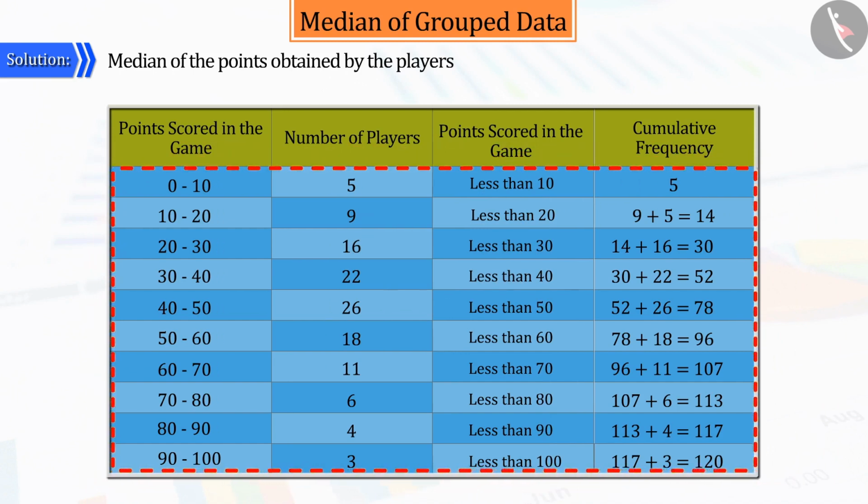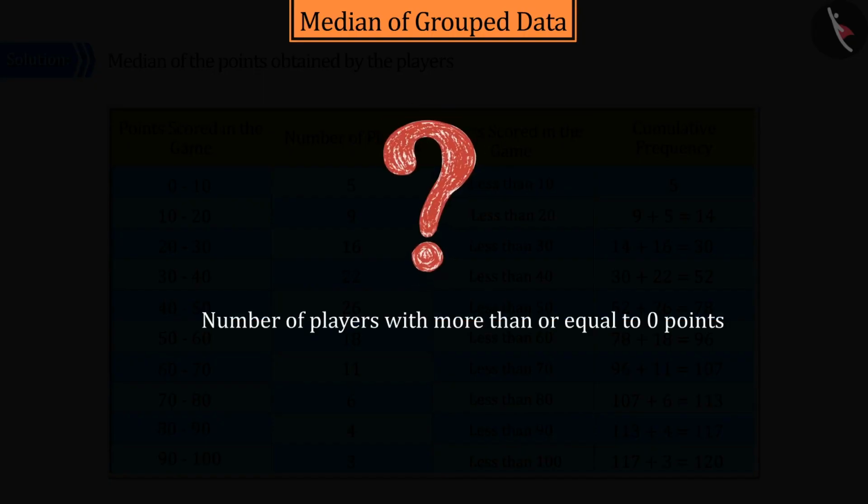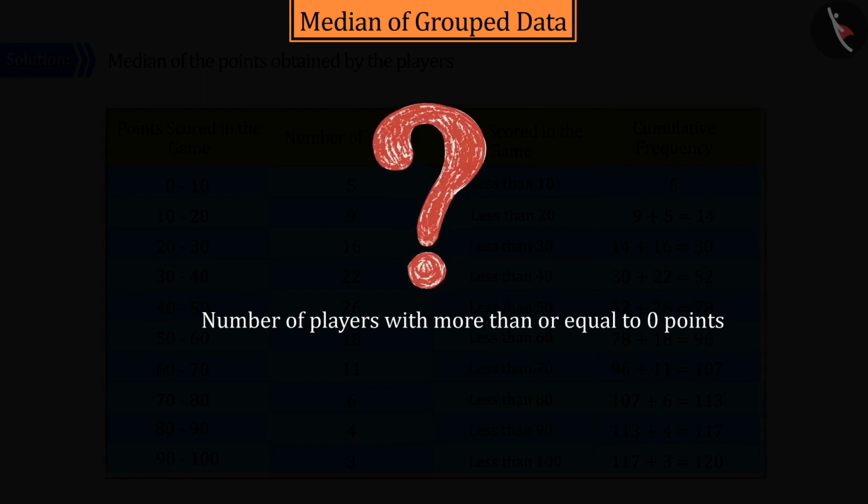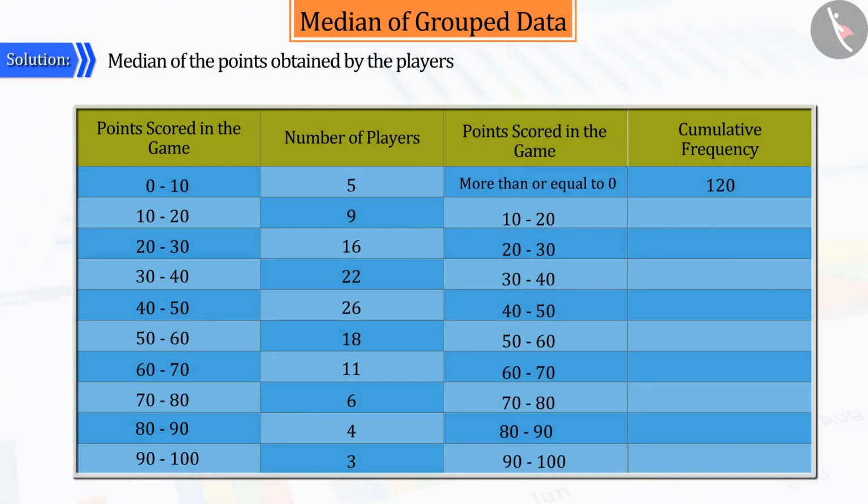But from the given distribution, if you are asked how many players got more than or equal to 0, will you be able to tell? Absolutely correct. Here, all 120 players have scored more than or equal to 0.